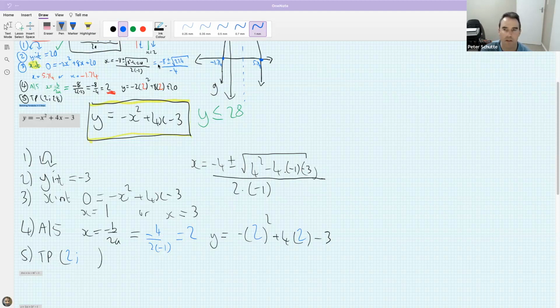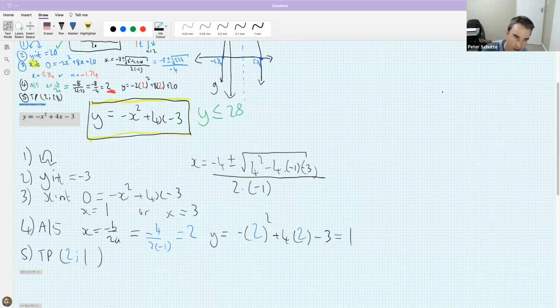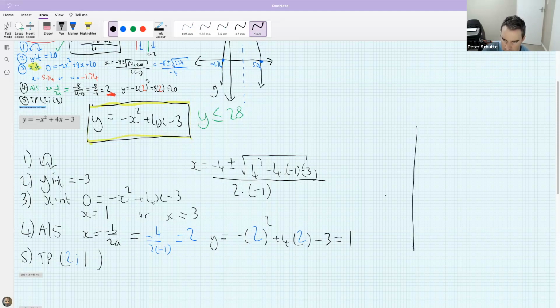And what do we get? We seem to get 1. So my turning point is 2, 1. Okay, so the hard work is now done. The only thing we have to do still is draw this graph. So I want to give you some time to put all this information onto a Cartesian plane, and then I will come along and show you how I did it.